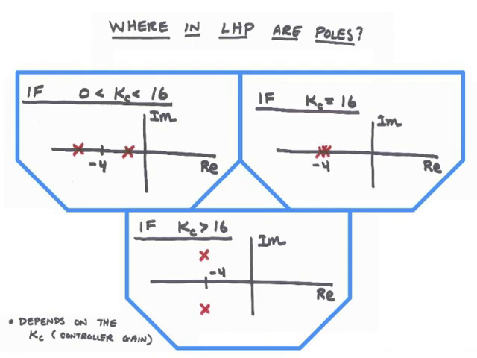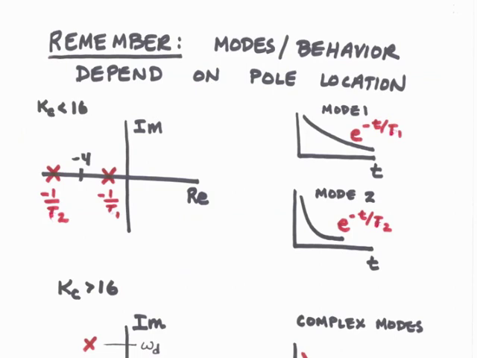If kc is greater than 16, the poles will be complex conjugates. They will have a non-zero real and imaginary part. Please recall that the modes will depend upon the pole location, and since the pole location depends upon the value of the controller gain kc, we can affect the modes of the system through the choice of the controller gain.